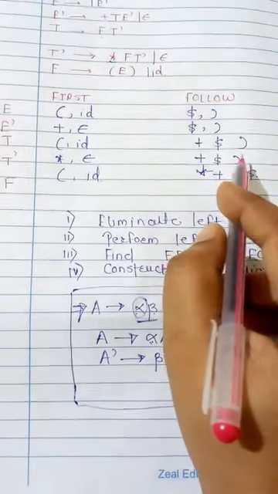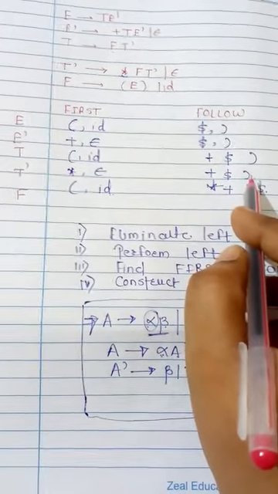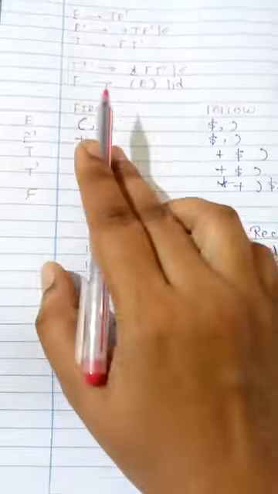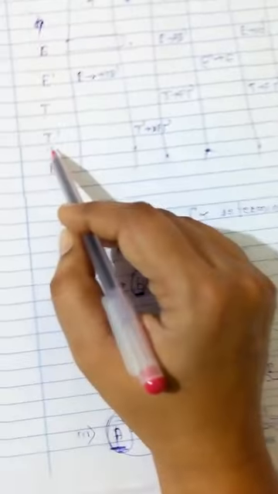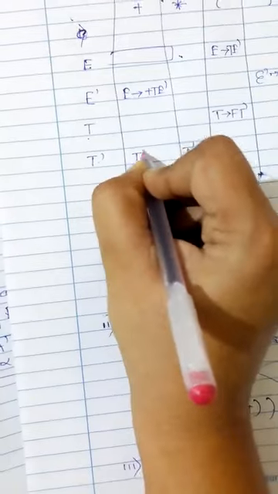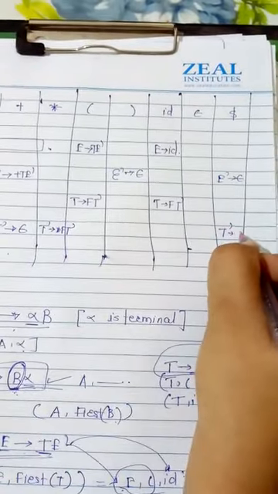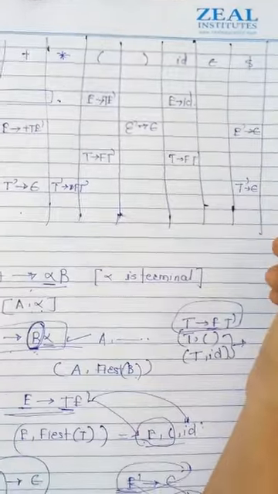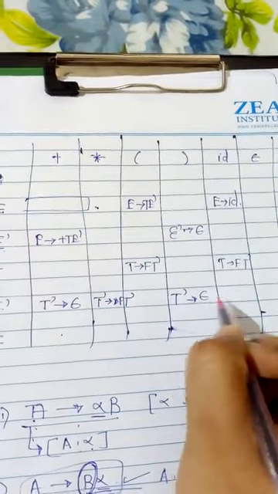Plus, dollar and closing bracket. So I will add this rule that T dash gives me epsilon into T dash plus. So T dash plus I will add this rule, which is that T dash gives me epsilon. Second follow value was what? Dollar. So T dash gives me epsilon, and the third value was what? Closing bracket. So closing bracket is here. So I will add T dash gives me epsilon. Okay.